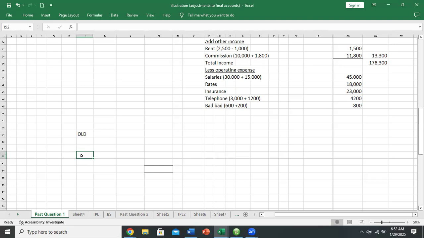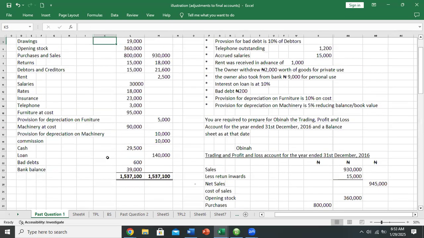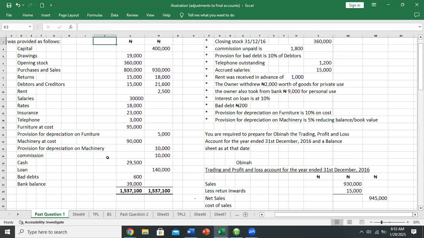So it's always important you compare the old to the new, because this will help you determine whether you have to increase it or decrease it. Okay, so the first creation is more or less like there was nothing for the old and you are now creating it. So let's use this strategy to see how we can work around with the provision for bad debt.